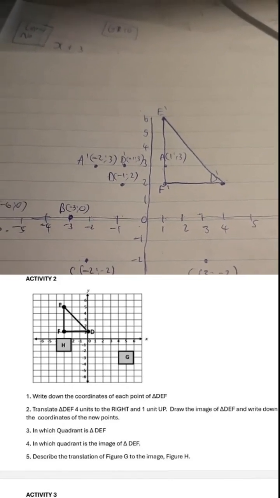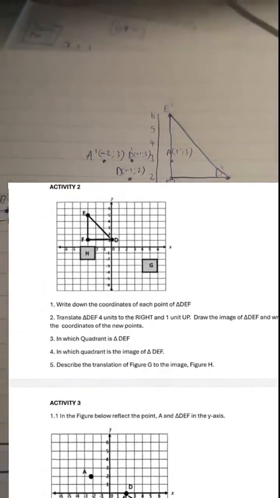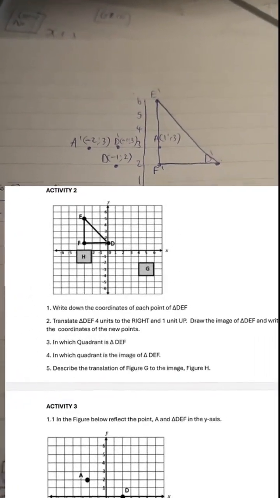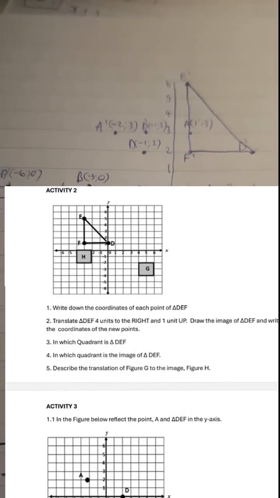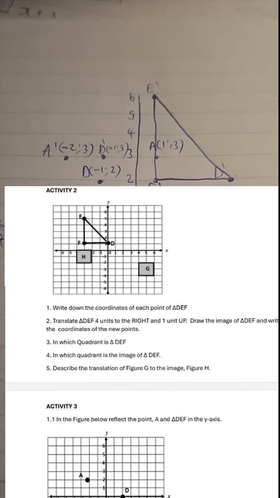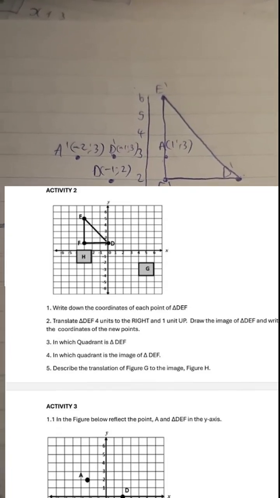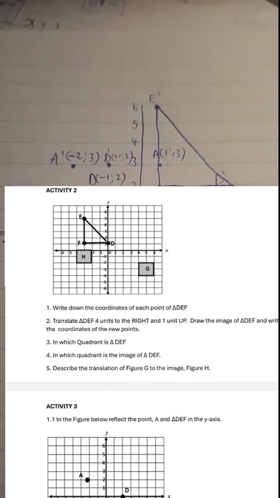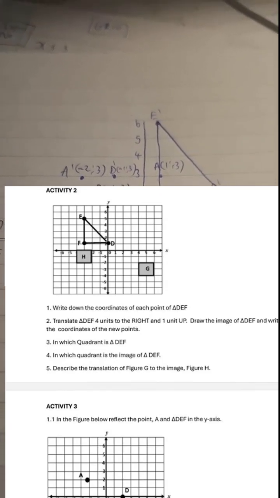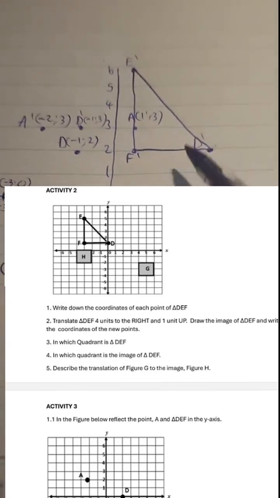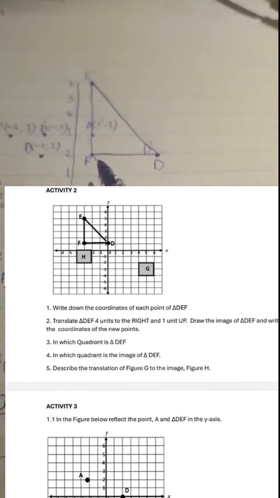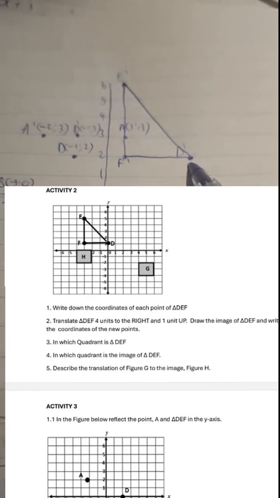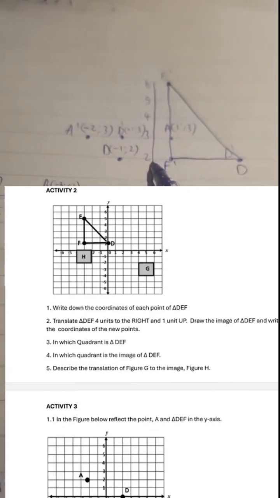If you look at this, this is obviously your diagram. If you had been provided with a diagram sheet, you would draw this same triangle on it. What happens is that this image does not change size. The new image of triangle DEF does not change size, meaning the length of FD will be the same as FD in the original image.